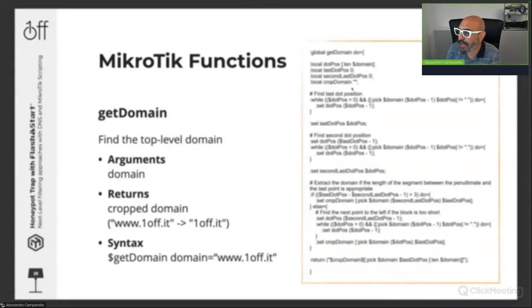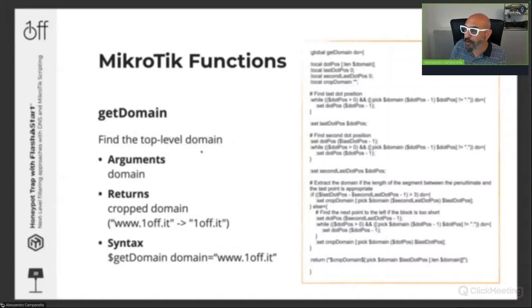After that, I have another function. I don't want to explain how it works because it's more complex than the other one, but I need this function because the FlashStart API wants the top level domain and not the whole domain. So I need to crop the domain, for example, www.oneoff.it need to be cropped as oneoff.it.